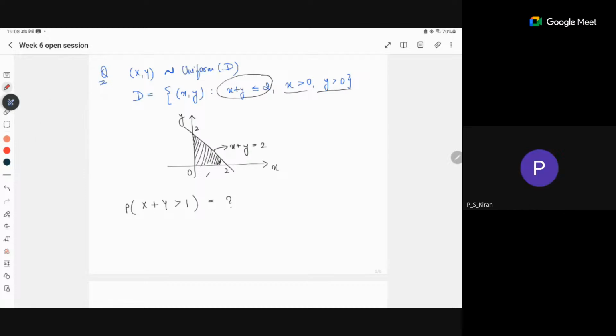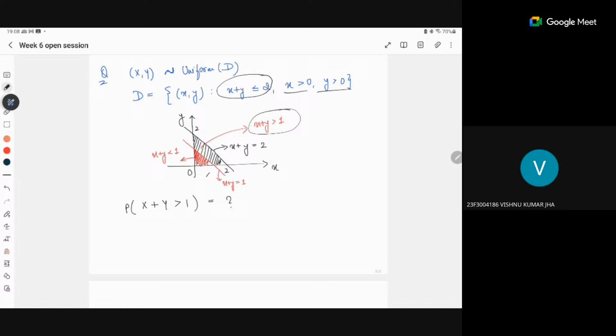First, draw x plus y equal to 1. This line is x plus y equal to 1, right? This region is x plus y less than 1, and this region is x plus y greater than 1. What do we have to find? We have to find the probability that x plus y is greater than 1, so we need to find it for this region.